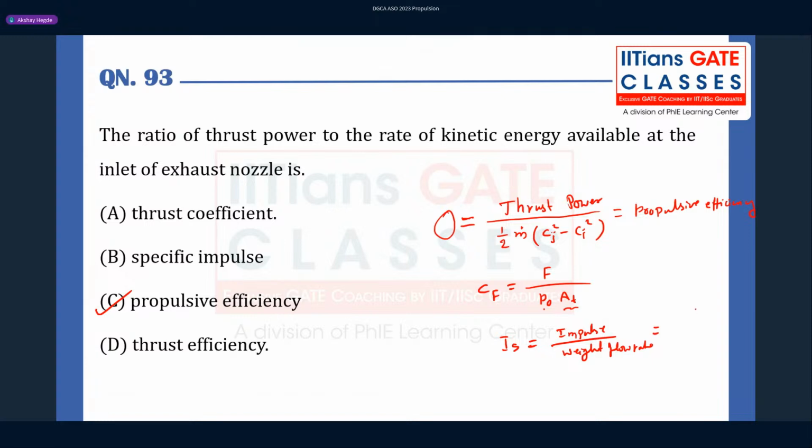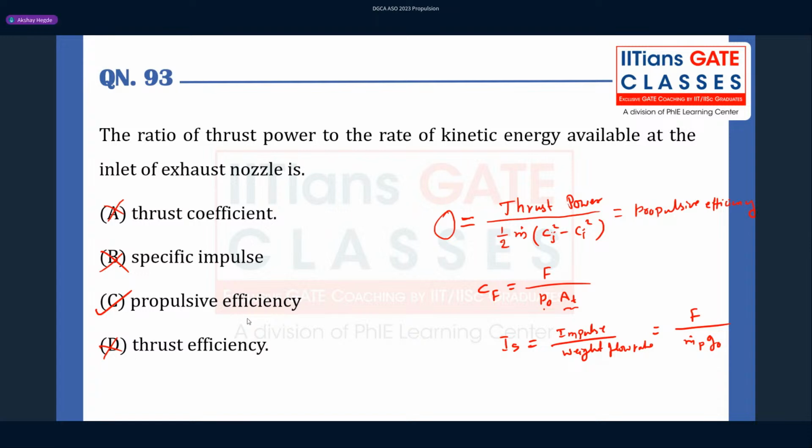We can show that for a constant thrust production, it is F over m dot P times g naught. That is specific impulse. A thrust efficiency is something they are simply keeping here; we really don't use any definition like thrust efficiency in the literature. So the only option here is propulsive efficiency.